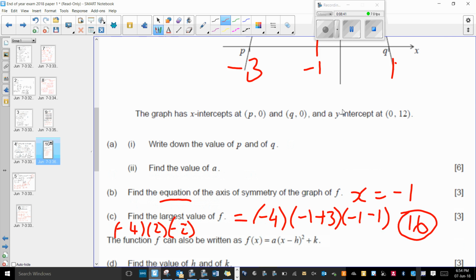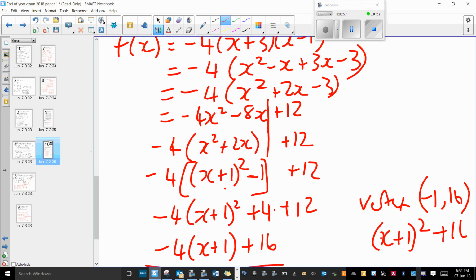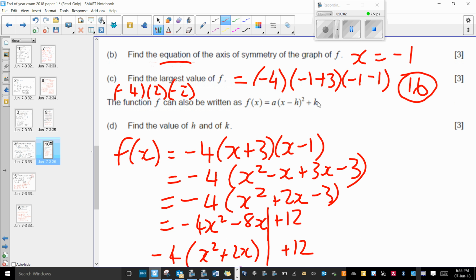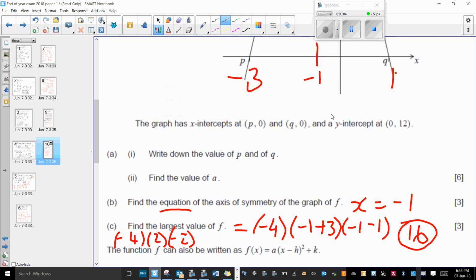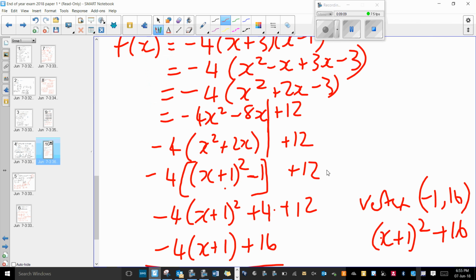So because the vertex is at -1, 16, we know that it's going to be x plus 1 squared plus 16, and we knew the value of a was -4 because we established that about 100 years ago. So that's -4 there. So that was way quicker. Can't believe I did all this rubbish. Anyway, done. Paper finished.